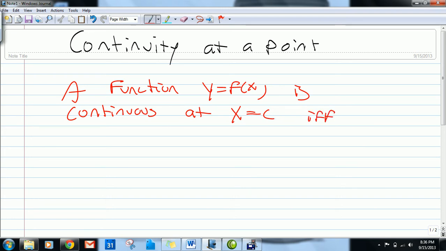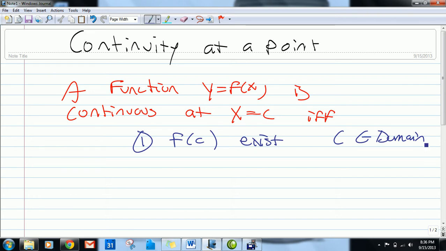If and only if. The three things that have to happen are, number one, f of c has to exist, which means c has to be an element of the domain of that function. There has to be a y value to which c is attached. The function has to exist at that point.